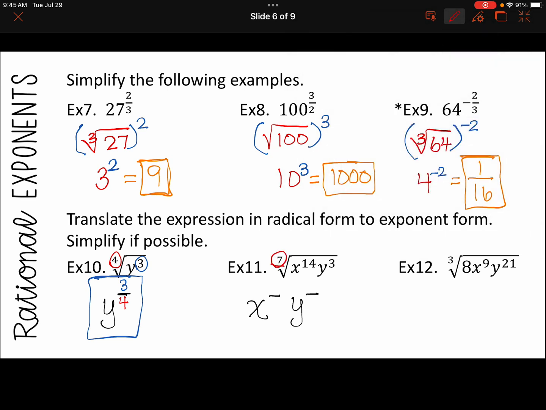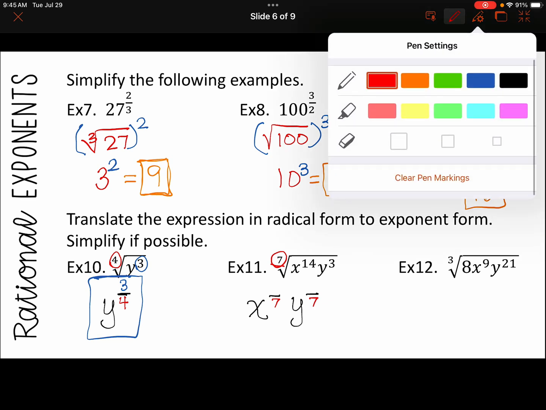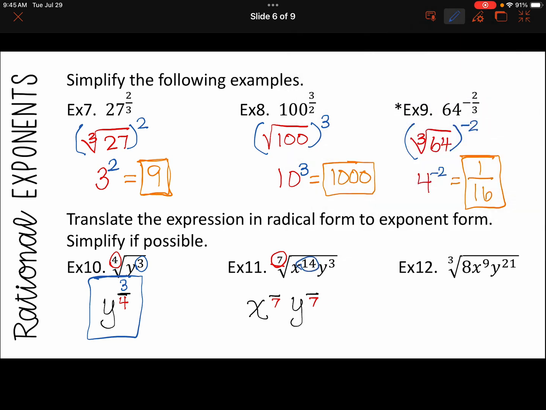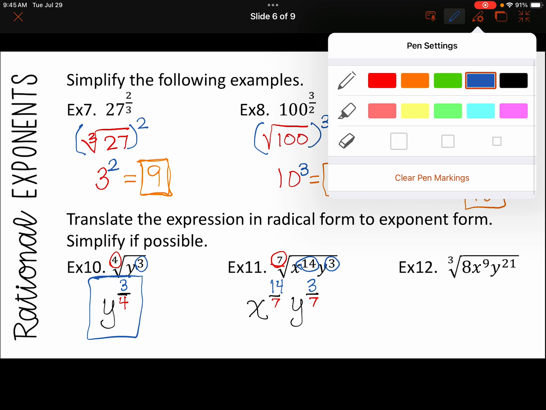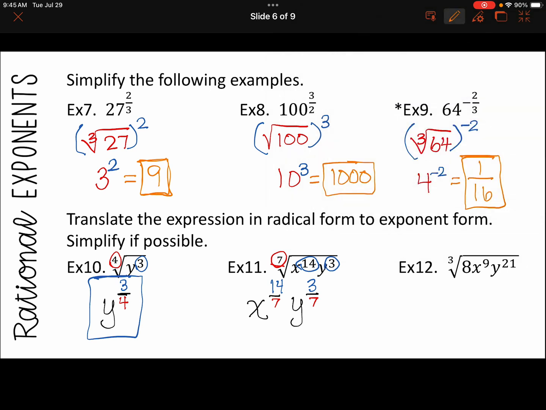The root is our denominator. The power is our numerator. And now we're just going to go ahead and simplify. We can't do anything with 3 over 7, but we can do something with 14 over 7. So this simplifies to x squared y to the 3/7.